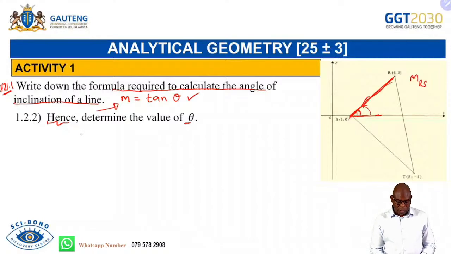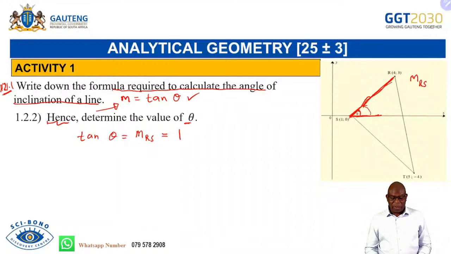So I'm going to say here, tan theta equals the gradient of RS, of which the gradient of RS is 1. So tan theta equals 1. Now, how am I going to get the angle?